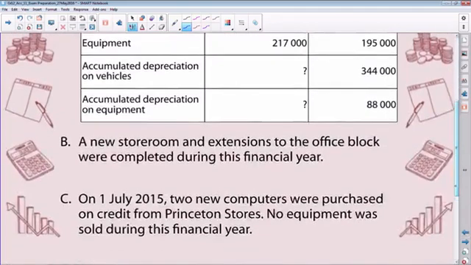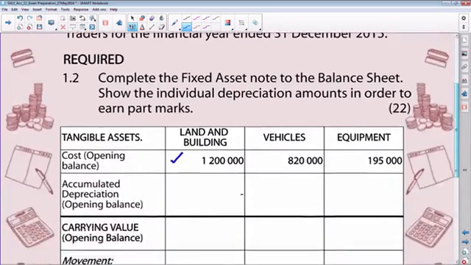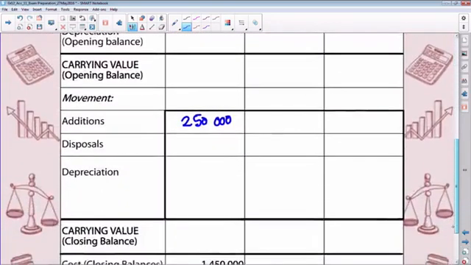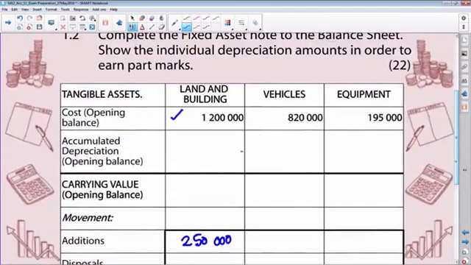Watch. A new storeroom and extensions to the office block were completed during the financial year. Clearly you can see they are referring to this figure here of 250,000 rand, therefore giving you your carrying value now of 1,450,000 rand. Remember, land and buildings is not subjected to depreciation, so you don't have to worry about any of the calculations. Right, let's go on to my vehicles.